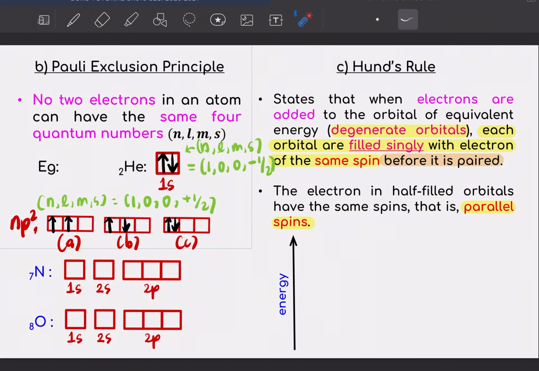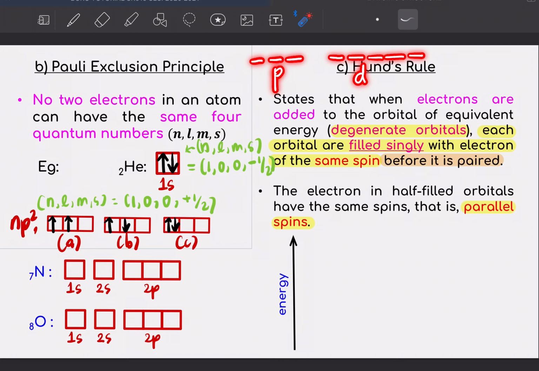Hund's rule states that when electrons are added to orbitals of equivalent energy, and these equivalent energy orbitals are called degenerate orbitals, like p orbitals, you will have px, py, pz. Or if d orbitals, you will have dxy, dxz, dyz, dx squared minus y squared, dz squared.